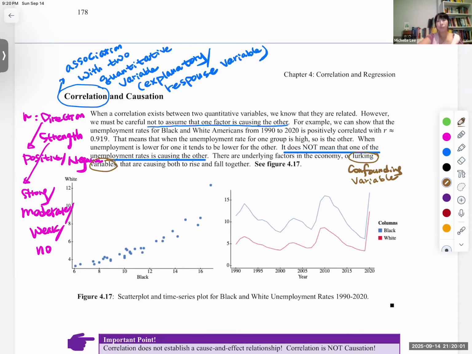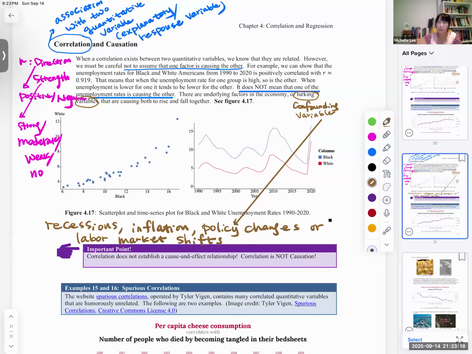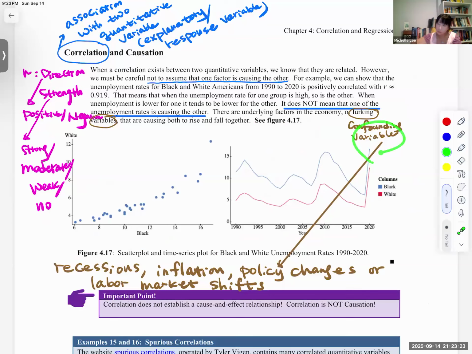What do you think? Okay, so I wrote down here the confounding variable or lurking variable, we might think about the economic condition, right. So what kind of economy can make both rise or both fall, right? Recessions, inflation, right? Yeah, this makes a fall.